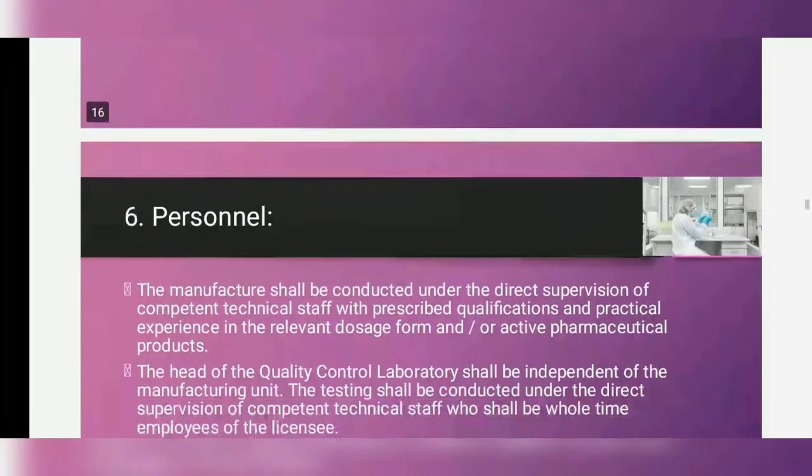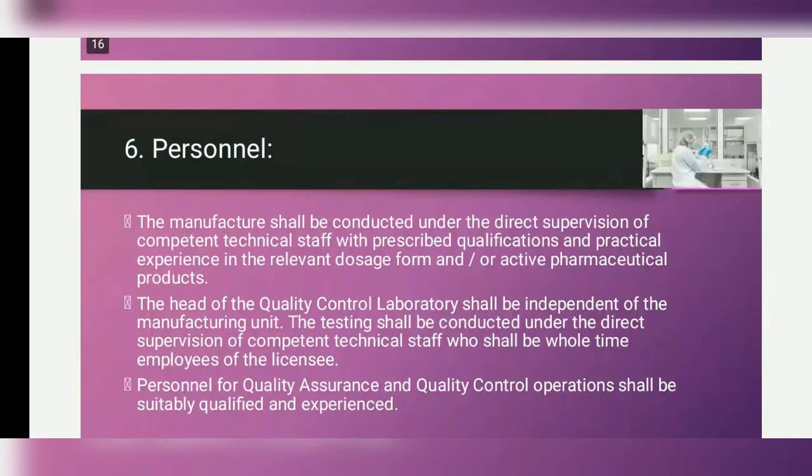Now come to the GMP requirements of personnel. So the manufacture must be conducted under the direct supervision of competent technical staff having required qualification and practical experience in the relevant field. Next, the head of quality control laboratory must be independent of the manufacturing unit.